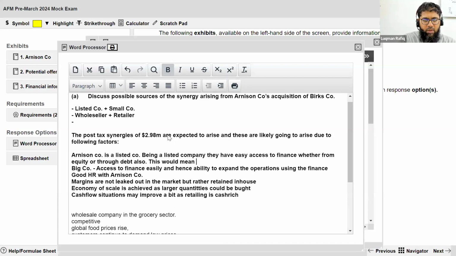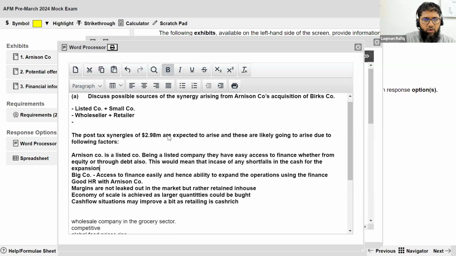This would mean that in case of any shortfalls in the cash for the expansion of the Burks operations, Arneson will have the capability to raise finance from the market.